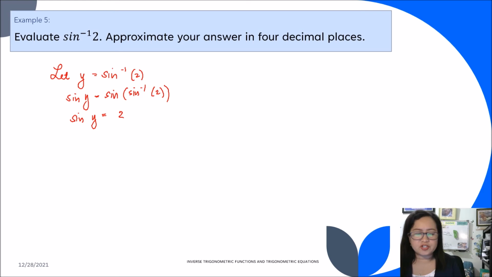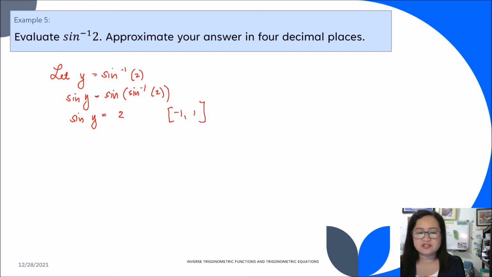If you will use your calculator, then you will have shift, then sine 2, then it will give you math error. Why? Remember that the value should be in the interval -1 to +1.